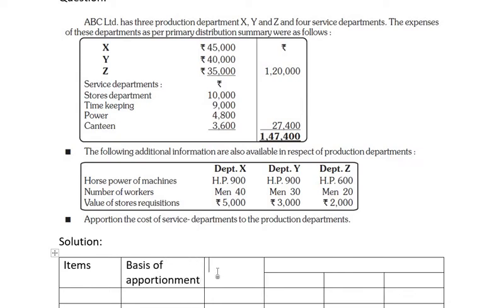Next column will be for total, and over here we are going to write the total of expenses. Now since service department is to be divided into production department, so over here we have to write production department. We have 3 production departments, X, Y and Z.